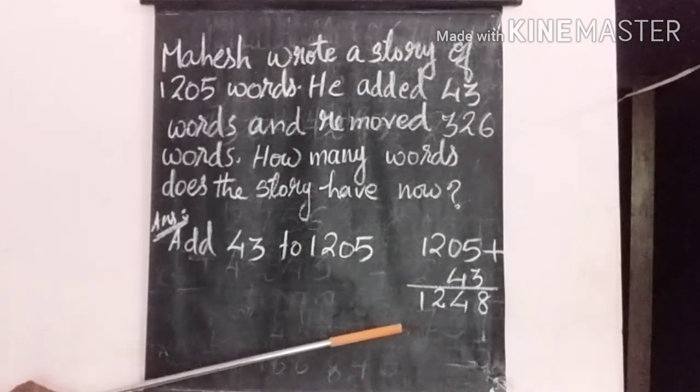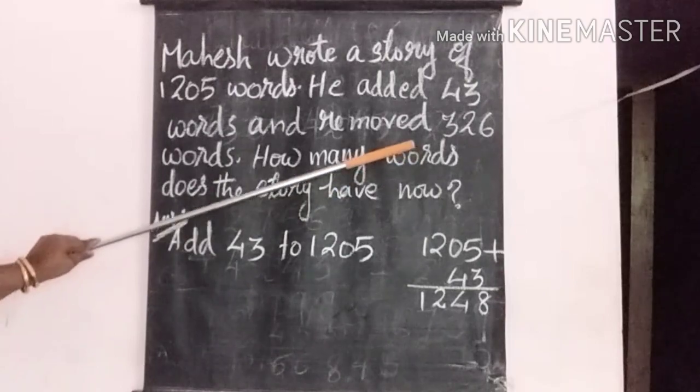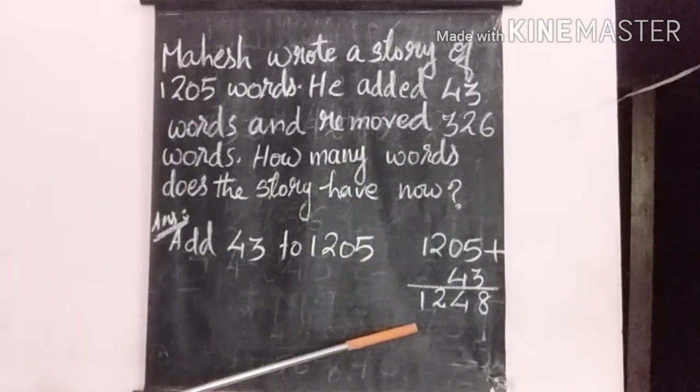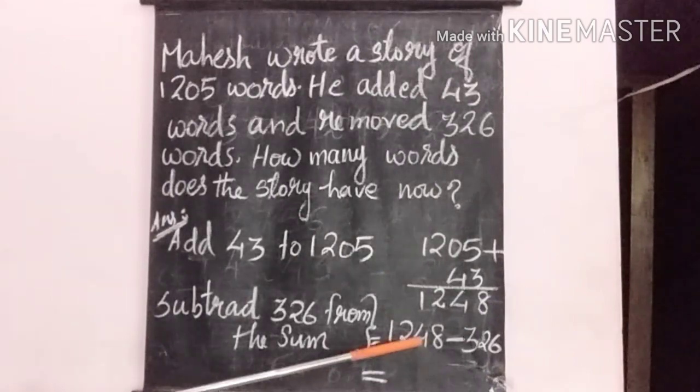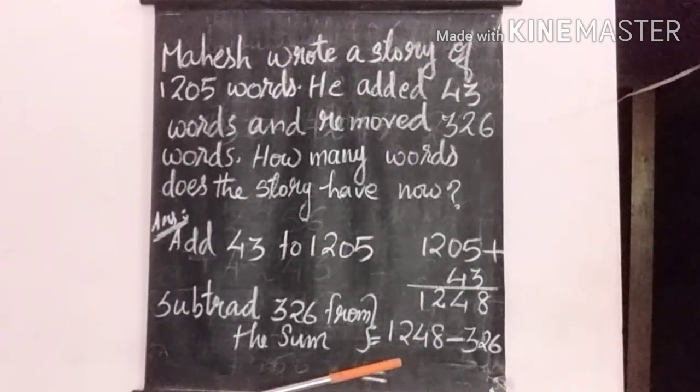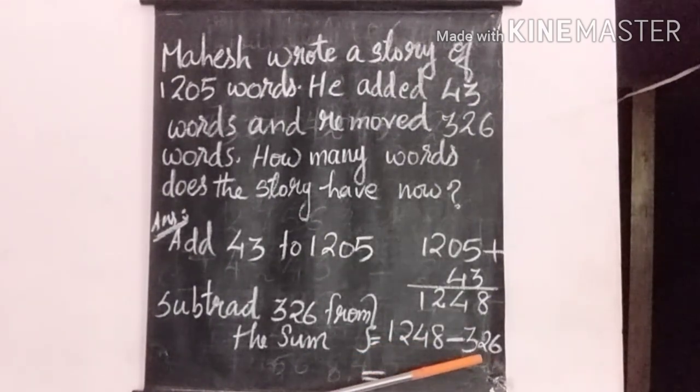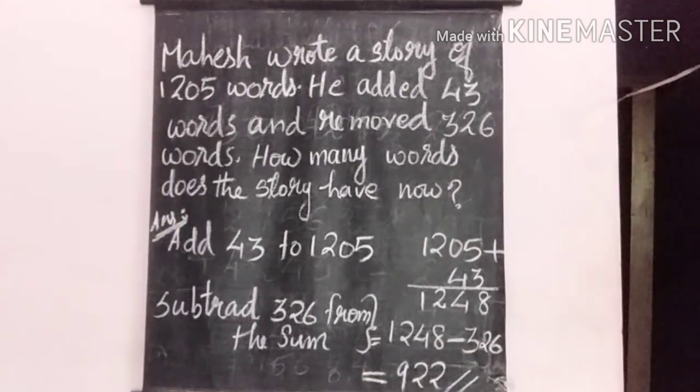Then subtract 326 from 1248. So, subtract 1248 minus 326. Then we get the final answer as 922. Is it clear?